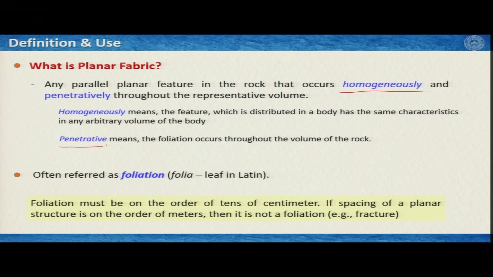So, the trace of the fabric should be present at any orientation except the plane it is occurring in. These planar fabrics, as we have already understood, are known as foliation. Now, the word foliation comes from the Latin word folia, which means leaves.